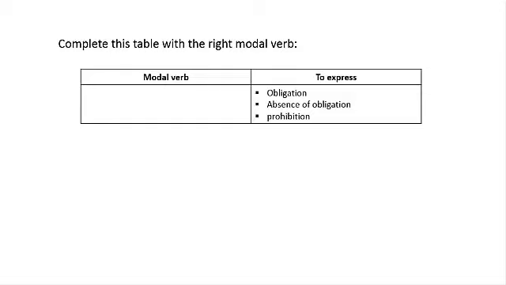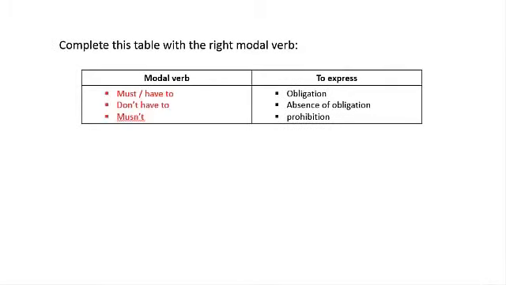So you draw a table with 2 parts. Here the modal verbs and what they express. So which modal verb expresses obligation, which one expresses absence of obligation, and which one prohibition. You do it in your copybooks.